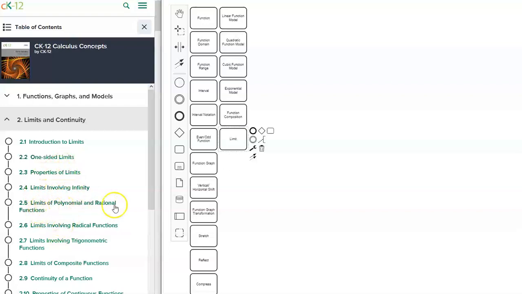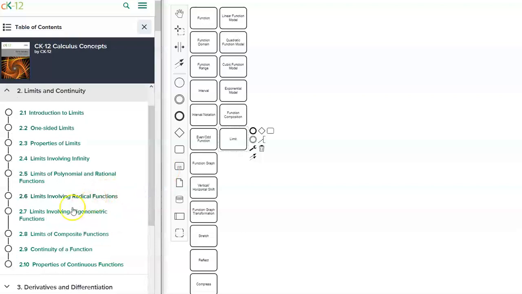Limits of polynomial and rational functions. Limits involving radical functions. Limits involving trigonometric functions. Composite functions. Continuity of a function. So actually I'm going to jump straight to that one. I like that one. Function continuity.